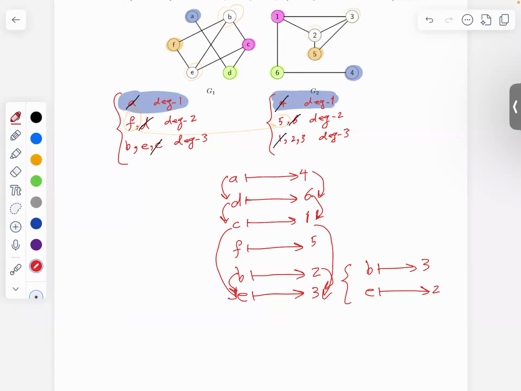And what else? C goes to B, definitely 1 goes to 2 as well. And what else? F goes to B, 5 goes to 2 as well. 5 goes to 3 as well. F goes to E as well. I can see it.